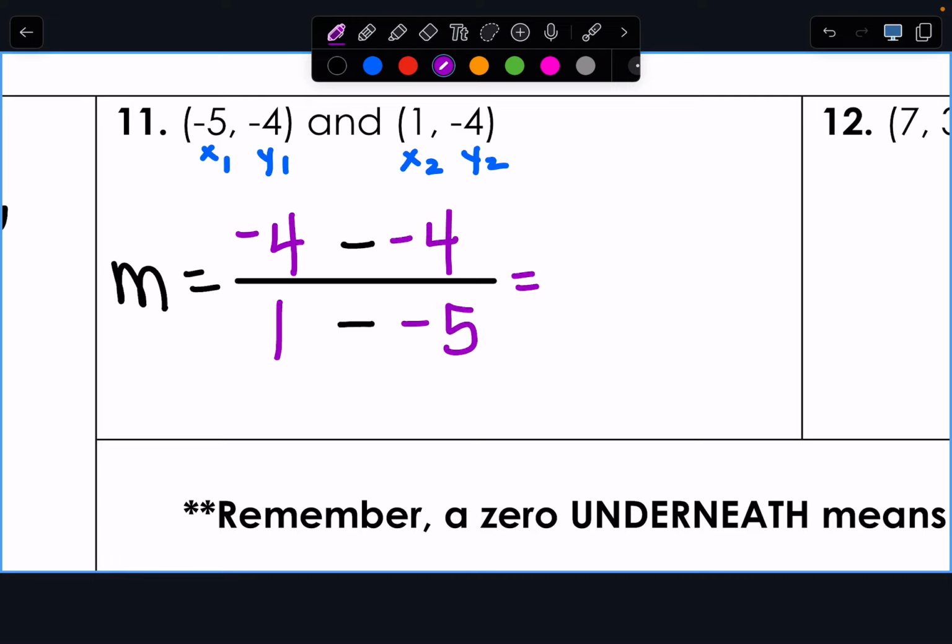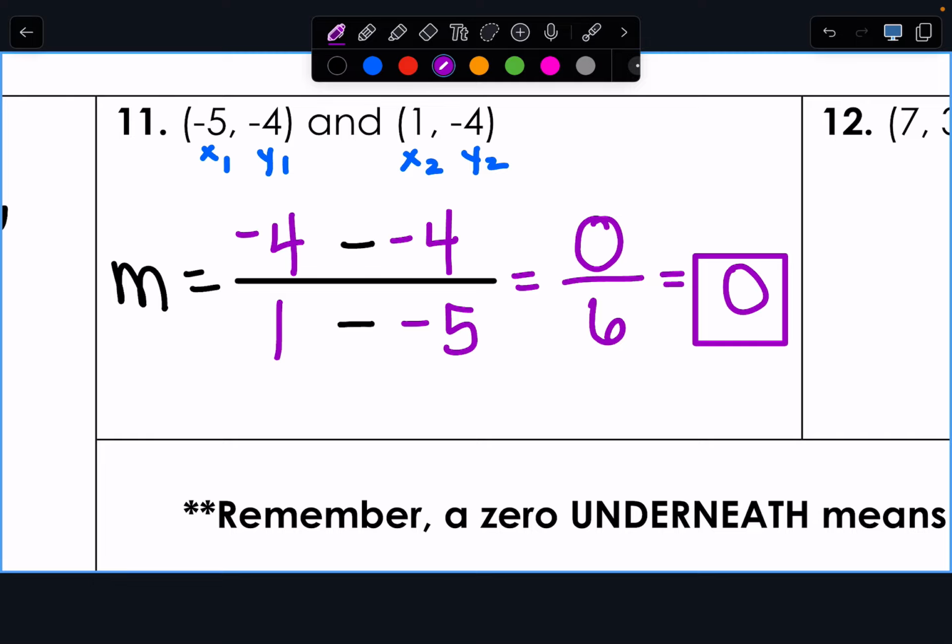So, Olivia noticed that, oh, hey, negative 4 minus negative 4 is 0, and 1 minus negative 5 is 6. What is 0 divided by 6? This line has a slope of 0. With your arm, what does that look like? Slope of 0. Slope of 0. Okay, we have a horizontal line. Okay, that's what we're working with here.